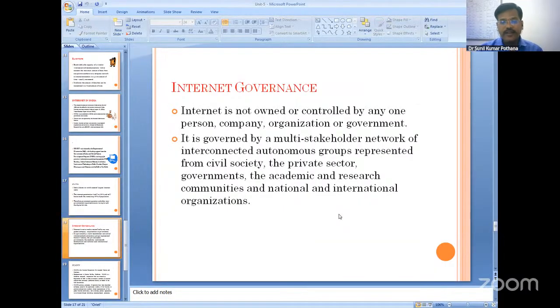Now, internet governance, we need to know about that. The internet is not owned or controlled by any one person or a company or organization or even the government.